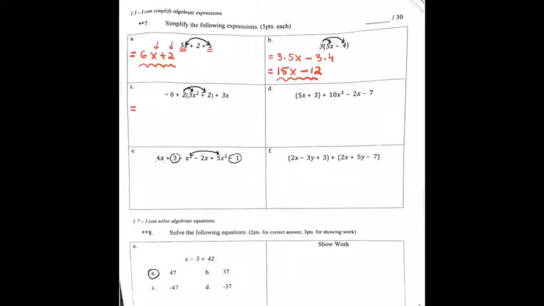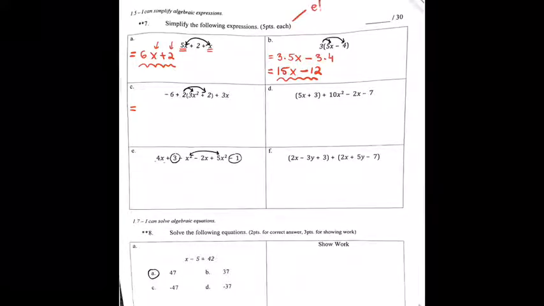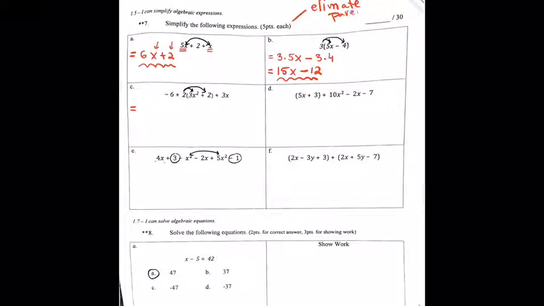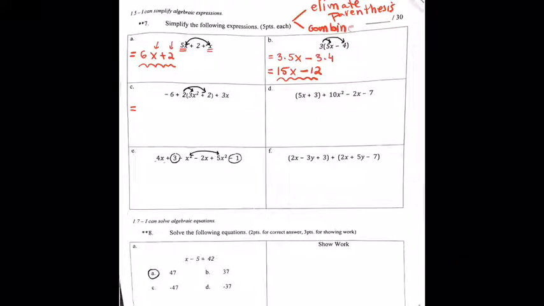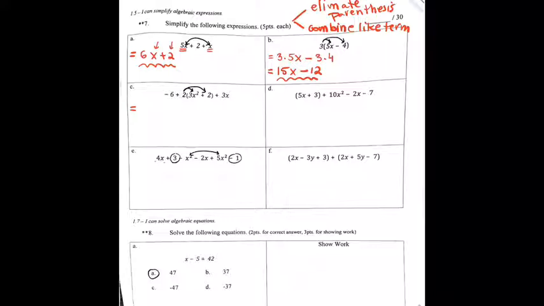Looking at C, to simplify again means to eliminate parentheses and combine like terms. In example C, I have parentheses, so the first thing I need to do is eliminate those.